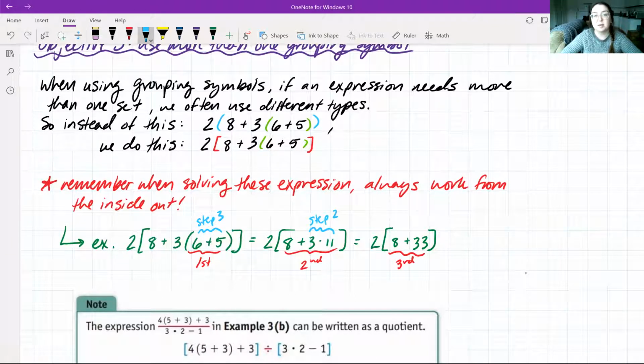Since we already did our step 2 with multiplication and division, we move on to step 3, which includes addition and subtraction. So this is now step 3. So solving for step 3, we're going to end up with 2 times whatever's in our brackets, which was 8 plus 33, which is going to end up being 51.